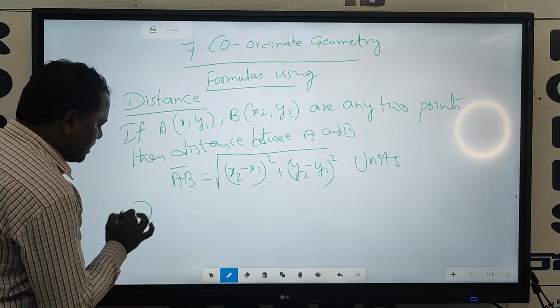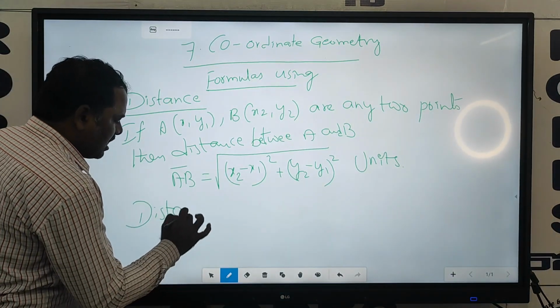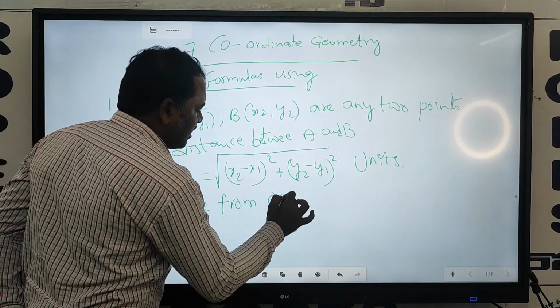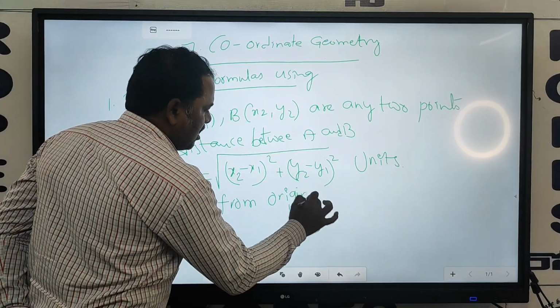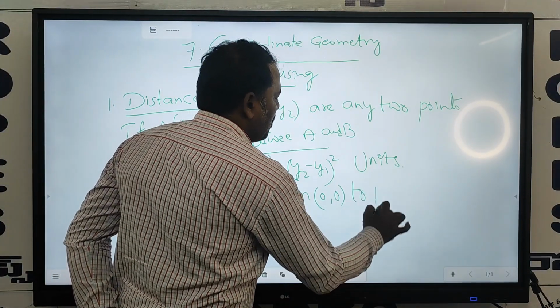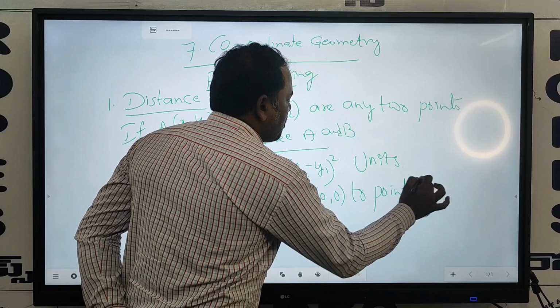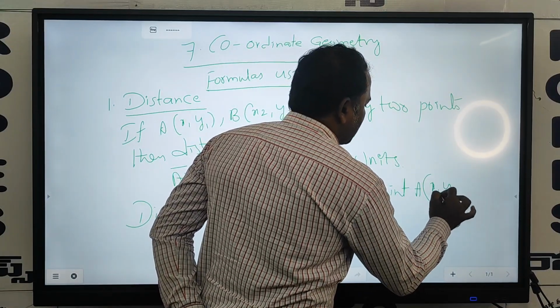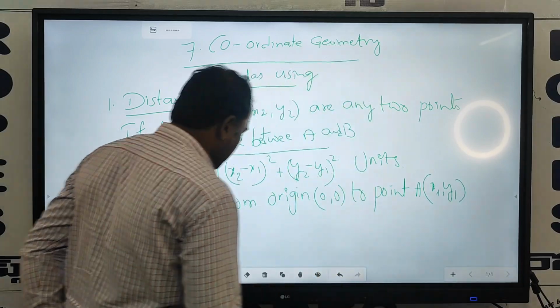Next, distance from origin. Important, origin (0, 0) to point A(x1, y1).